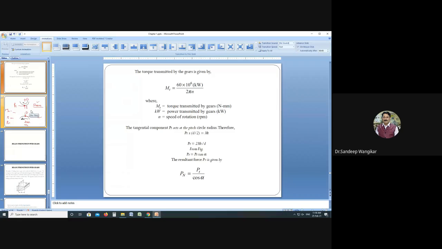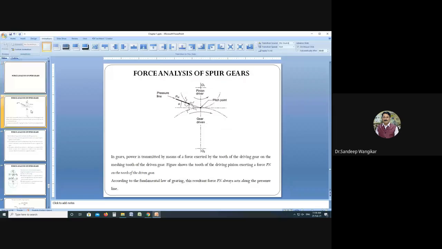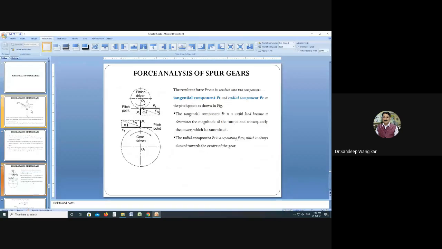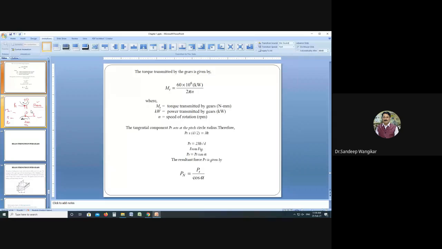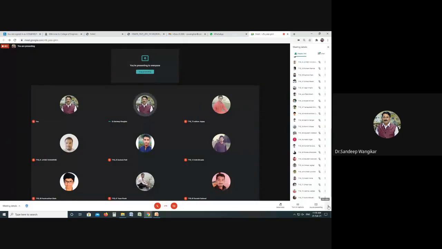Then the face width, desirable from 8 to 12 times the module, generally taken as 10 times the module. Then we went into the detailed force analysis of spur gears, the assumptions made, and these formulas, and one example I have given you on how to go for the force analysis directions.